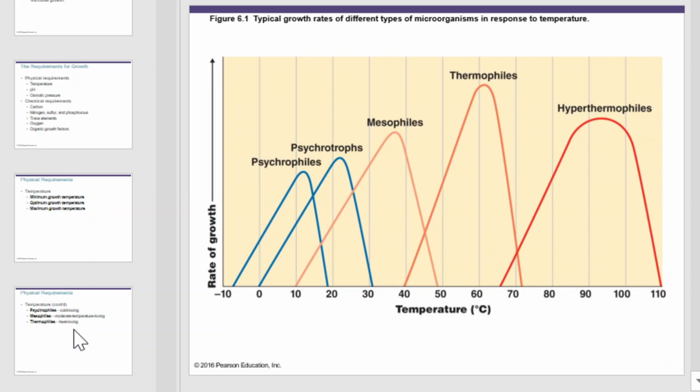So you take something like a thermophile, which really, really likes temperatures between 40 and about 72 degrees Celsius. The 40 degrees Celsius measurement would be its minimum growth temperature. The 60 to 62 degree temperature range would be its optimum, and then the maximum would be at about 72 as it experiences temperatures that are exceedingly warm.